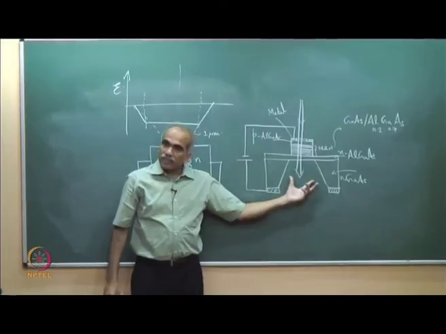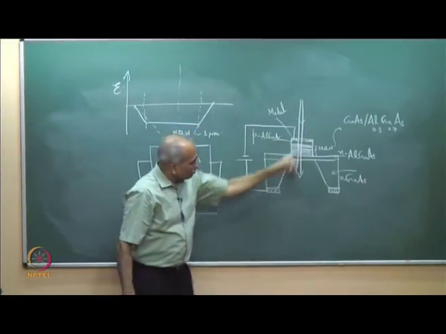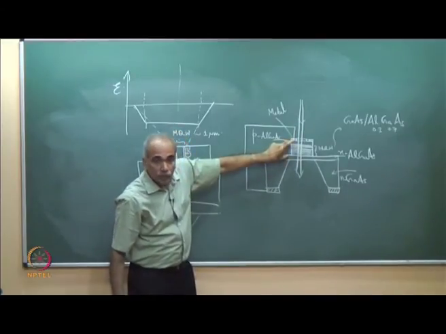This vacant slot is for light to pass through. This is the gallium arsenide, aluminum gallium arsenide quantum well.